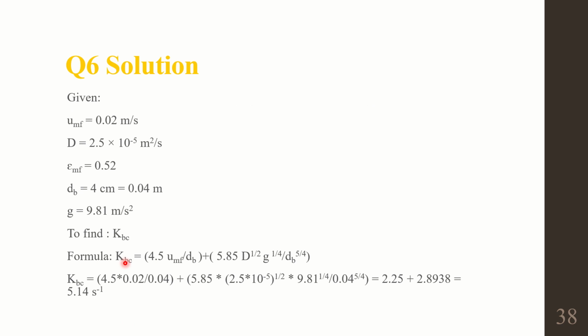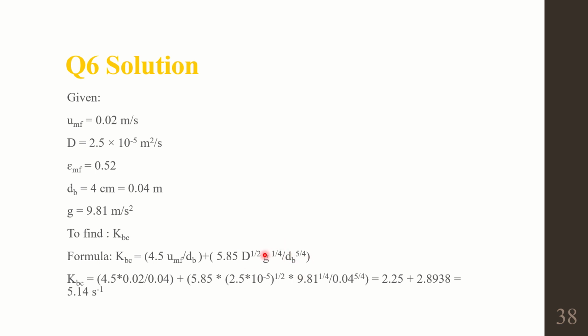This is a very simple, straightforward problem where we are asked to calculate the mass transfer coefficient between the bubble and the cloud. So for that we are using the Davidson and Harrison 1963 expression. KBC is between bubble and the cloud. So it is 4.5 into UMF, the minimum fluidization velocity, divided by dB, the diameter of the bubble, plus 5.85 into D power 1 by 2 g power 1 by 4 divided by dB power 5 by 4.